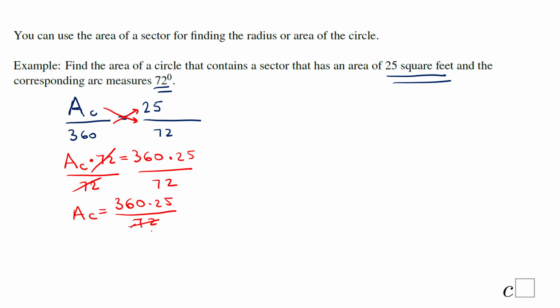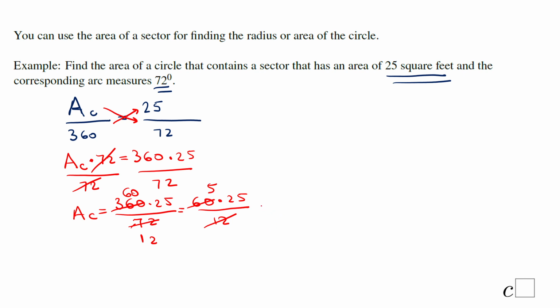So if we divide 72 by 6, we get 12, and here we get 60. Oops. In fact, we can do an even better job. So we have here 60 times 25 over 12, and 12 goes into 60 five times.